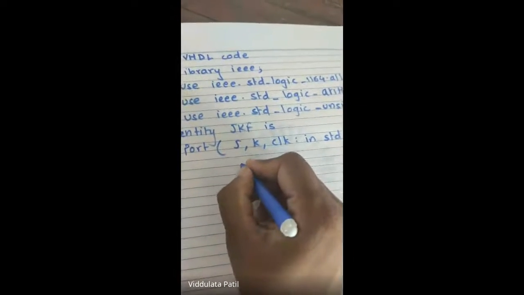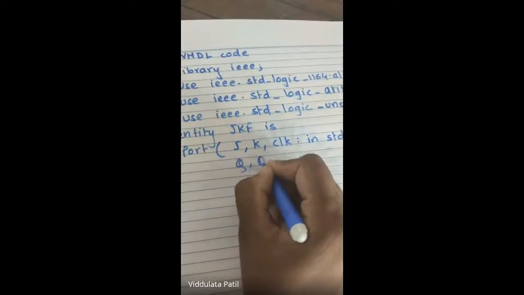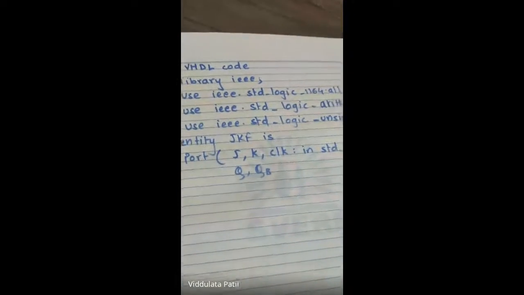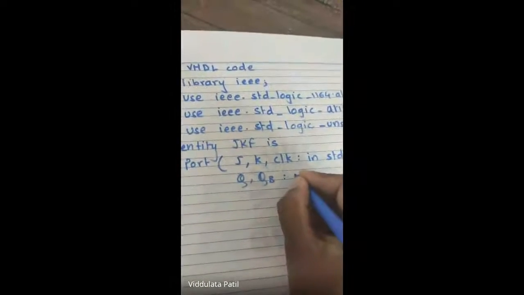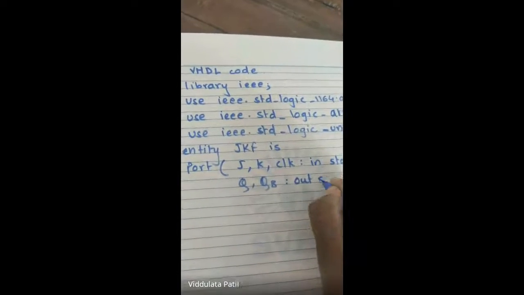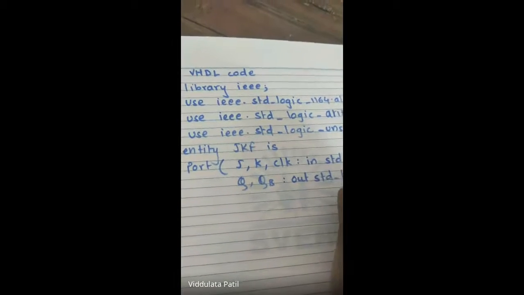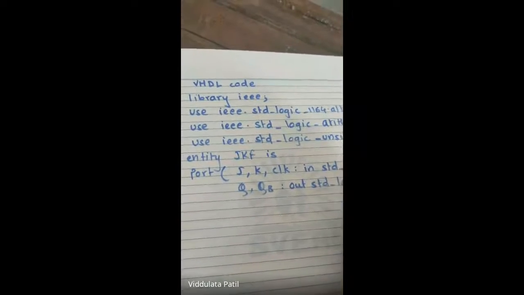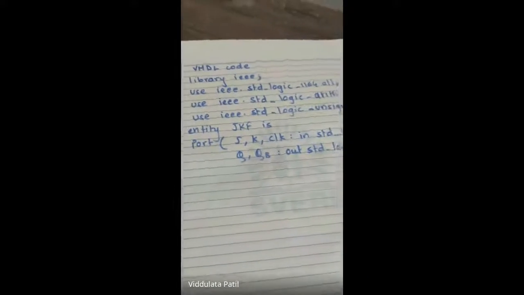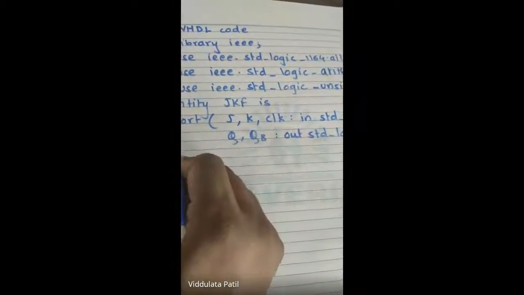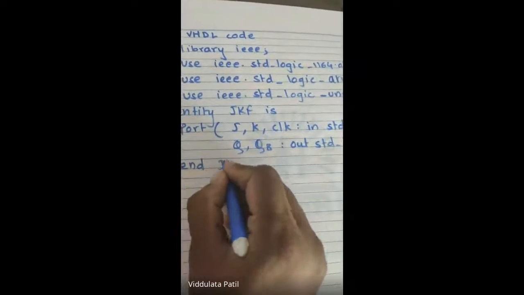Then Q comma QB are the outputs of type std_logic. Bracket complete and semicolon, and the end of this entity JKF.